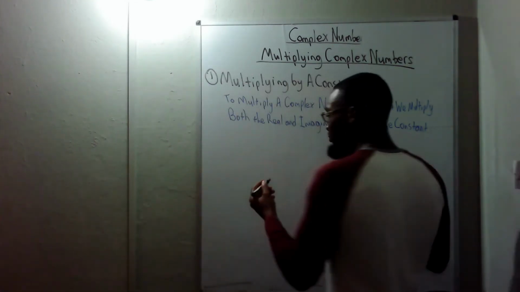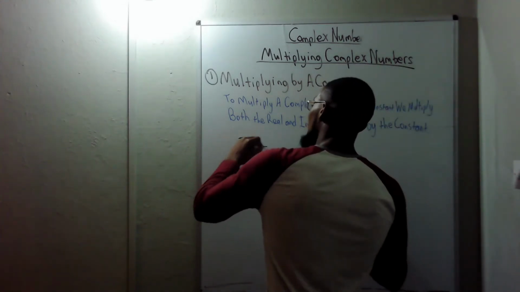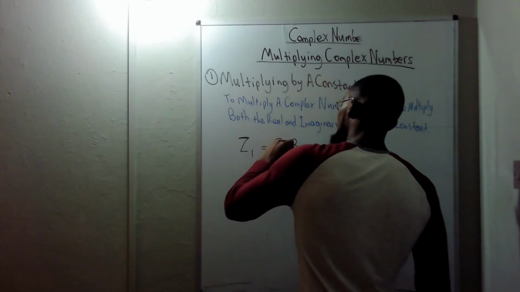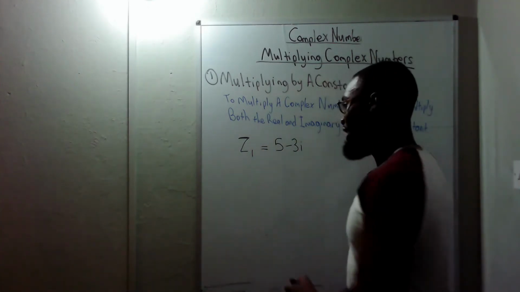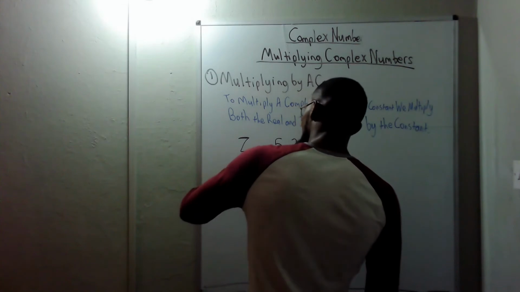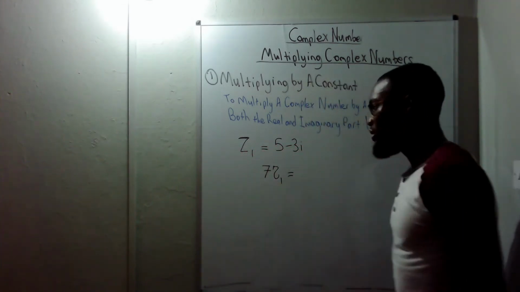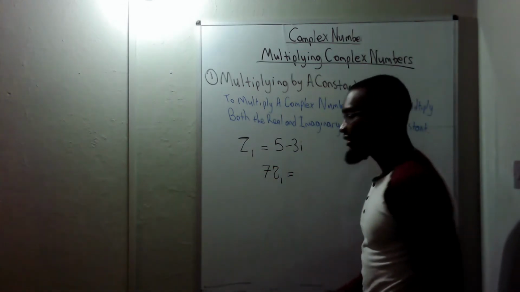For example, let's say z1 is equal to 5 minus 3i, right? You need to multiply it by a constant, 7. Alright, so 7z1 would be equal to, what we're going to have to do is multiply this entire complex number by 7.